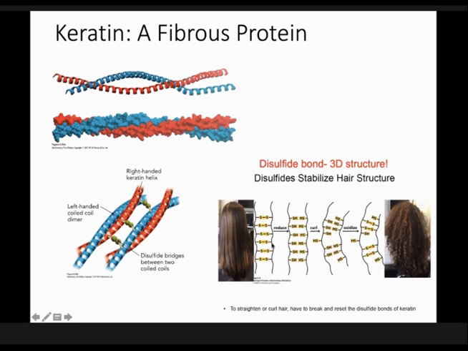This is an example for when the hair is curly. The reason why it's curly is because it contains a lot of cysteine. This you should know, and we covered that. Cysteine is one of the two amino acids that contain a sulfur, and one cysteine can react with another through an oxidation.